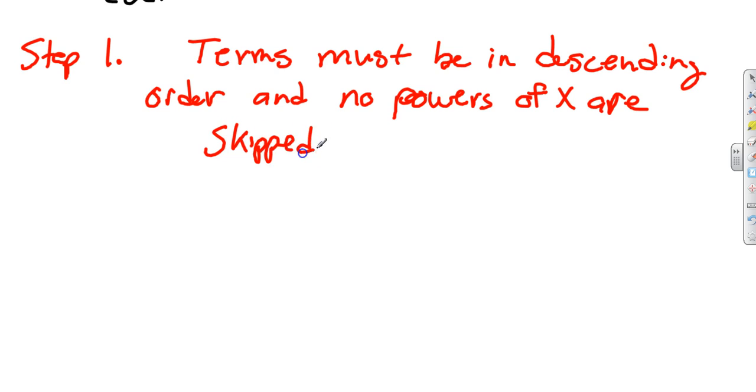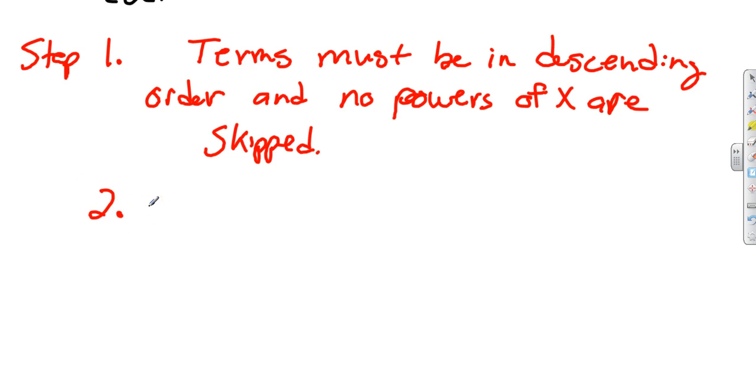So that's the first, and that's the one check you want to do, whether it's long division or synthetic. You always go back and check that if there's any terms at all missing, you go back and put a 0 in place. If the terms are not in descending order, just rearrange them so they are. So that's always the same, no matter if you're doing synthetic division or long division.